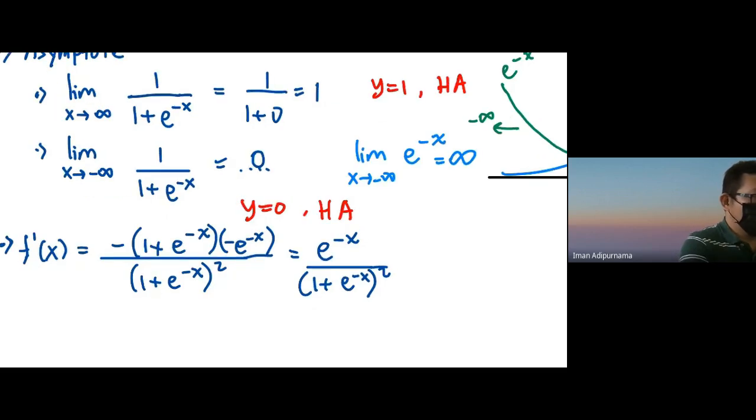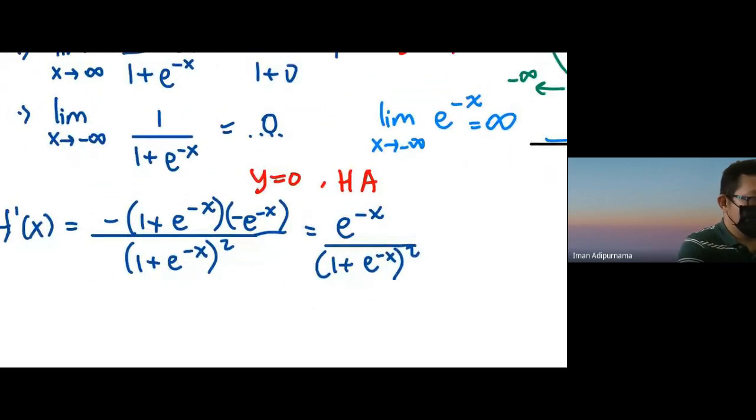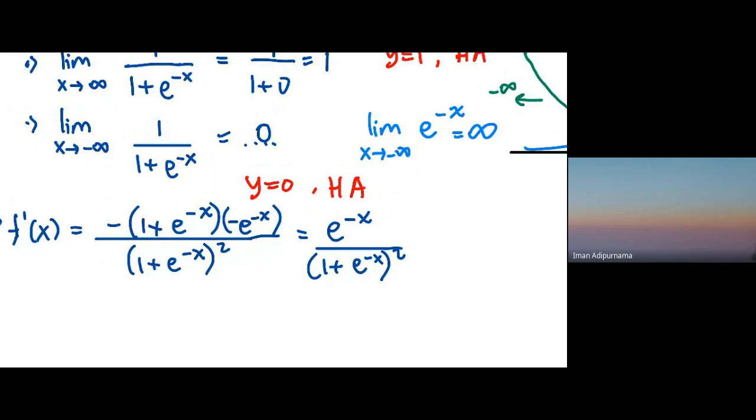Okay. When we look at this f prime, the first derivative, look here. It's e negative x over 1 plus e with power negative x, and then squared. With this squared here, it becomes clear that any possible x we move here is always positive, and this is also always positive, right?